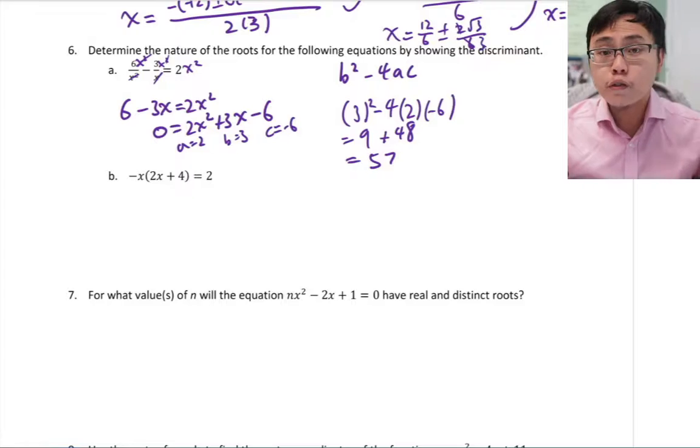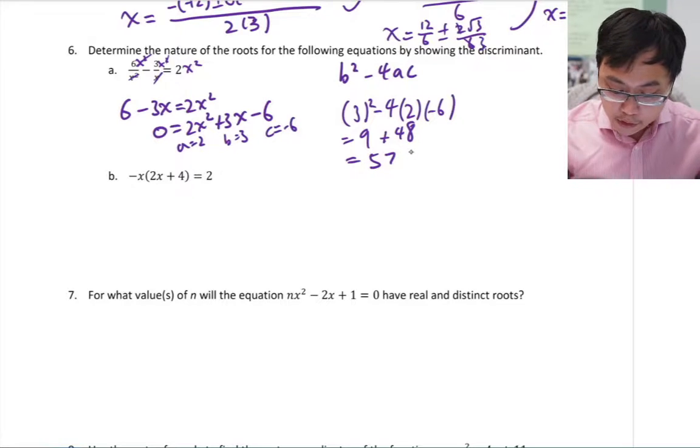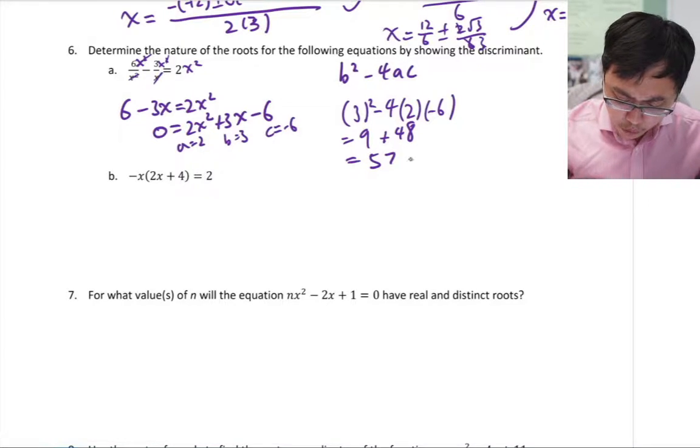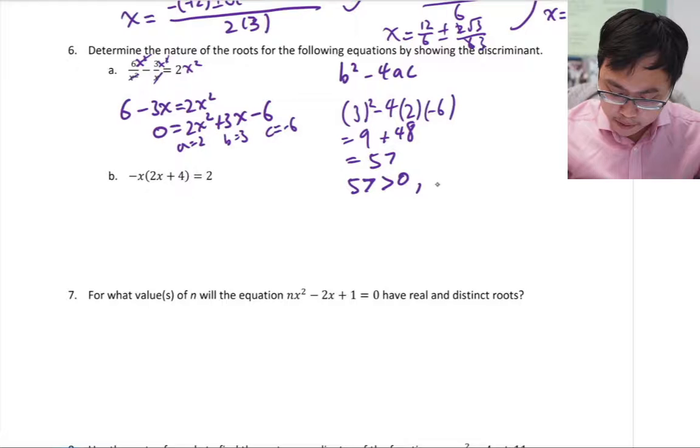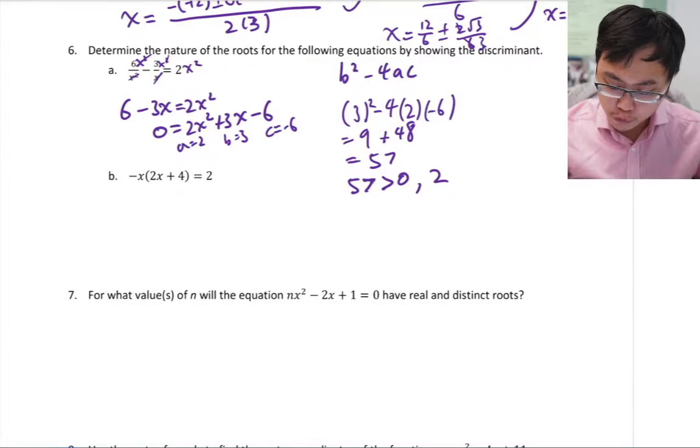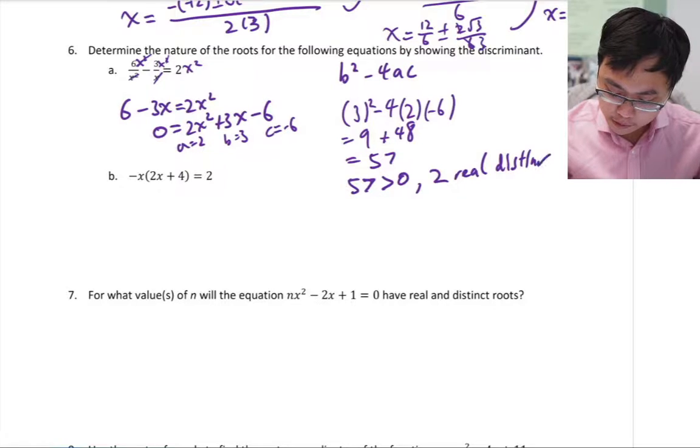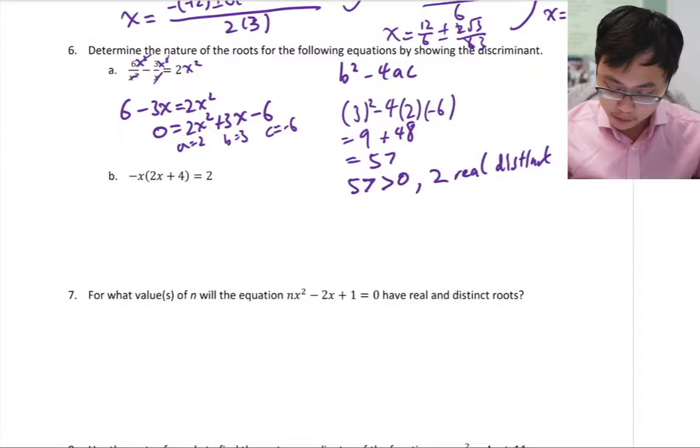And of course, that is greater than 0. So 57 is greater than 0, which means that there are two real distinct solutions.